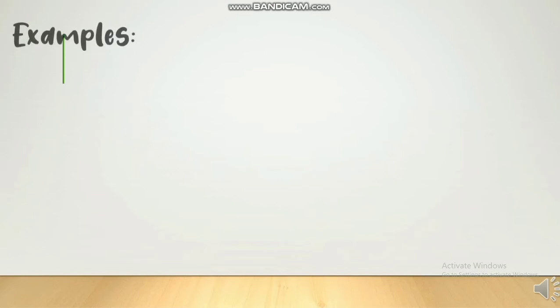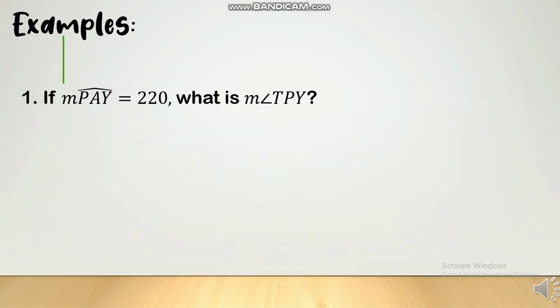More examples applying the theorems on angles formed by tangent and secant. For number 1, if the measure of arc PAY is equal to 220, what is the measure of angle TPY?